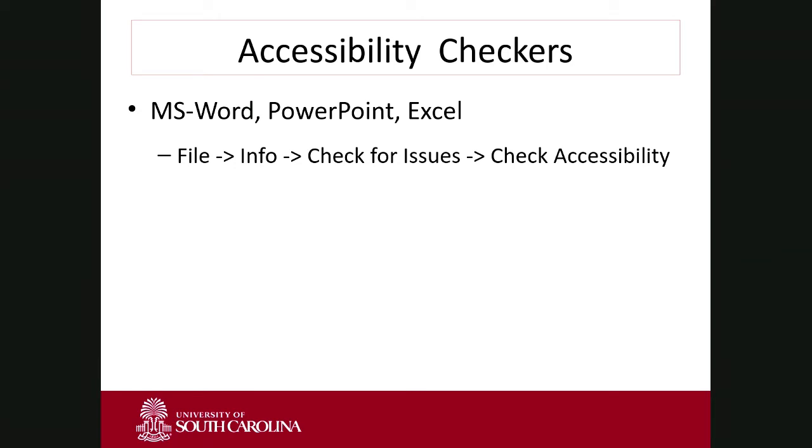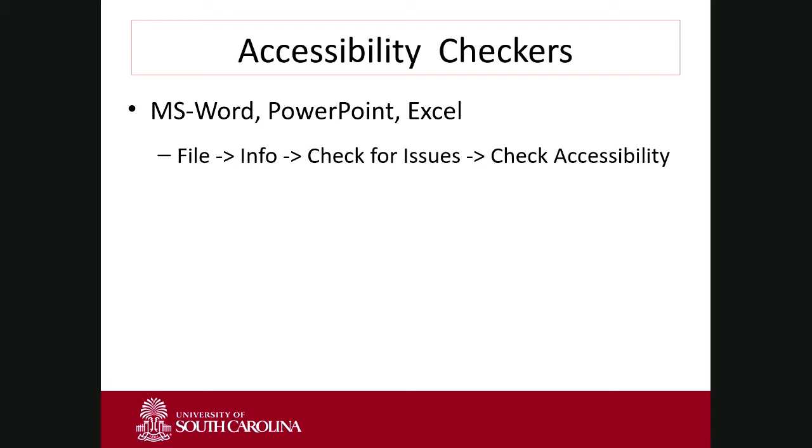The thing to say is that these accessibility checkers don't necessarily capture everything that needs to be corrected in a document, but they give us a heck of a lot better starting point for document accessibility.